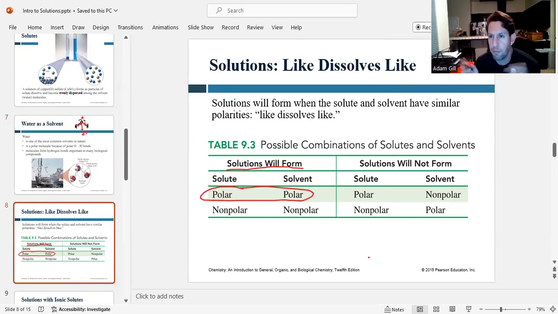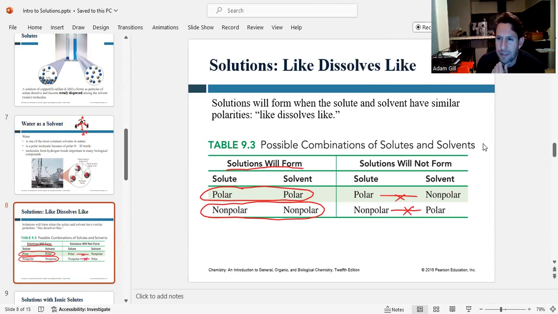So if both things are polar, they're going to mix. Or if both things are nonpolar, they will mix. But if you have a polar solute and a nonpolar solvent, they're not going to mix. Or if you have a nonpolar solute and a polar solvent, they also won't mix.